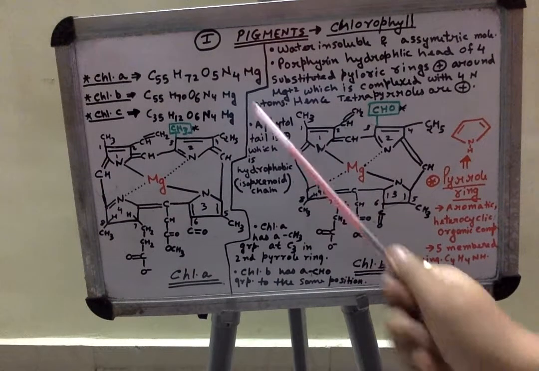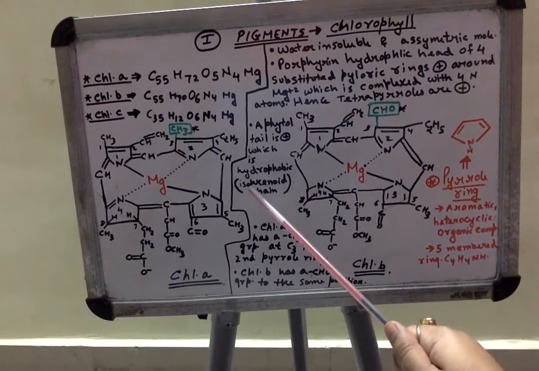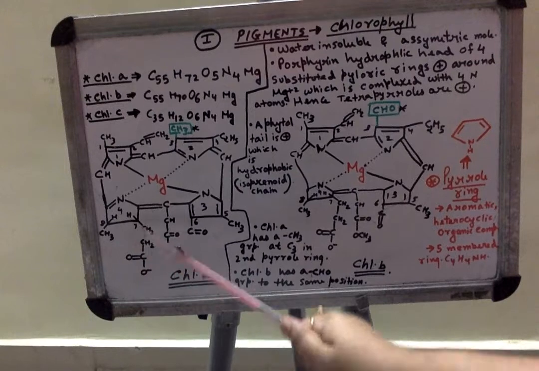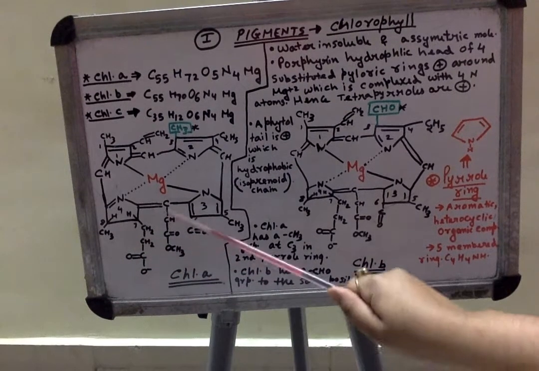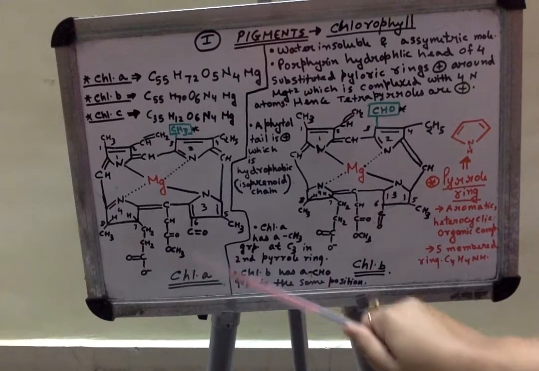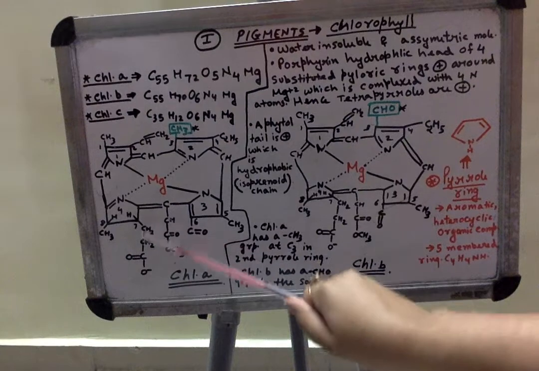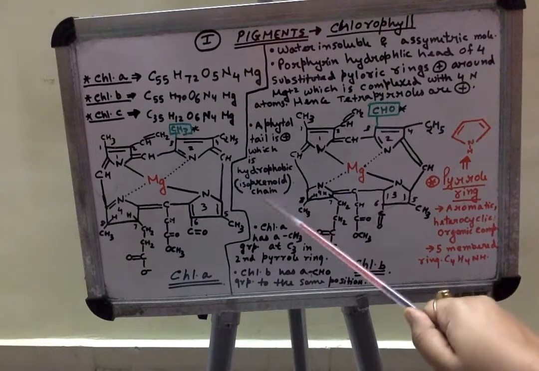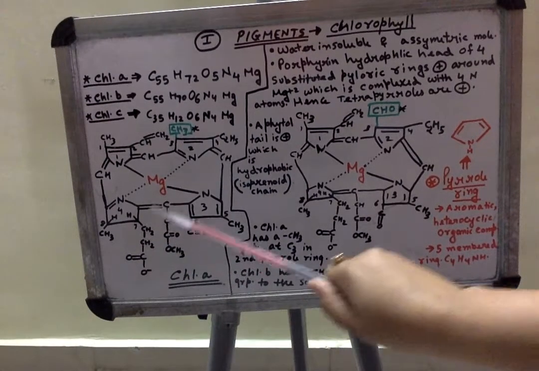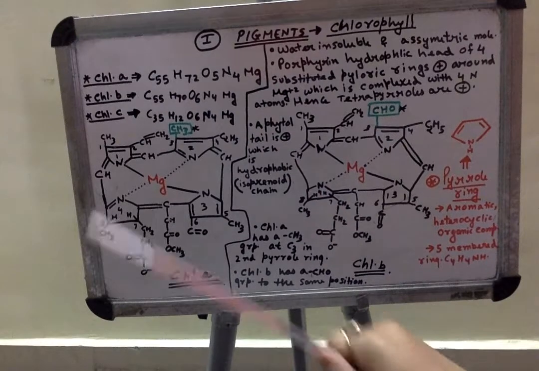The third point is that a phytol tail is present, which is hydrophobic in nature, and this phytol tail is known as the isoprenoid chain. Here, as you can see, there are 2 long chains of hydrocarbon. These are hydrophobic, that is water insoluble, and this part is known as the isoprenoid chain, also known as the phytol tail because these long structures resemble a tail.